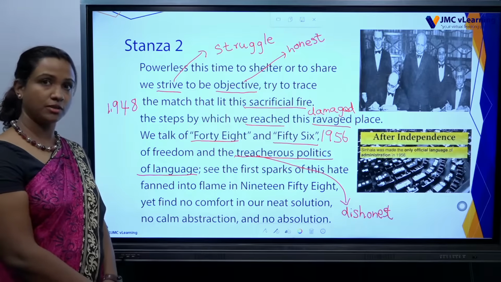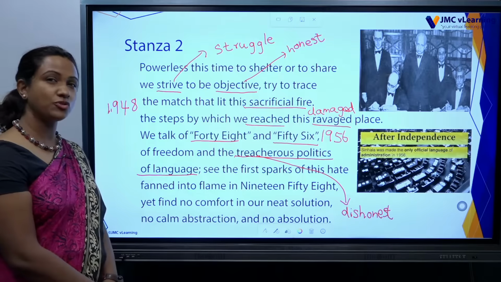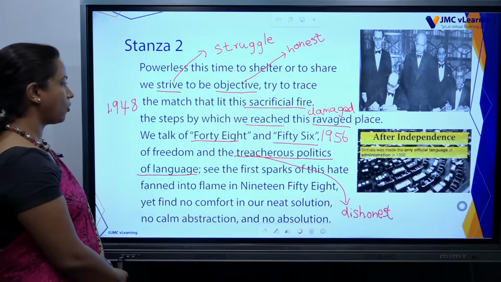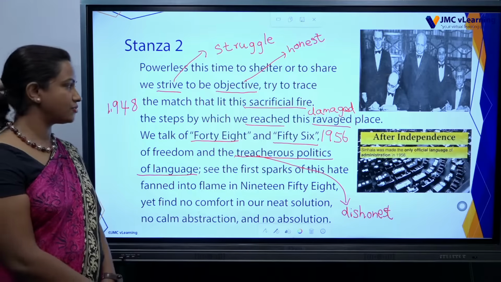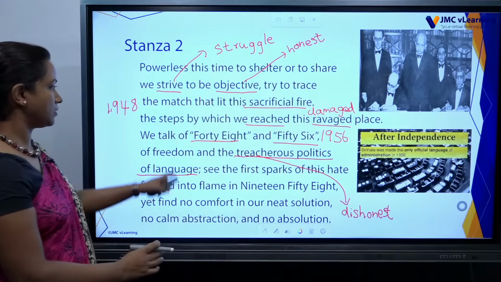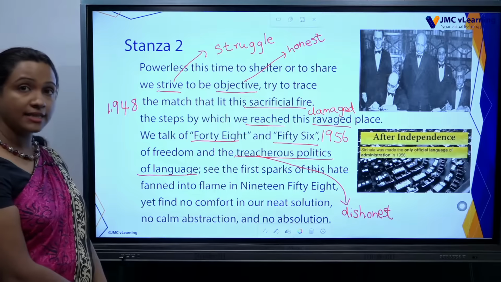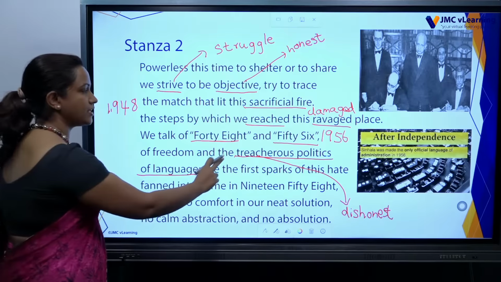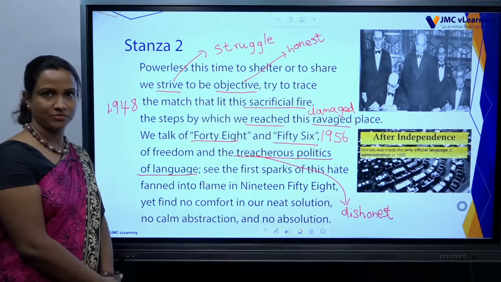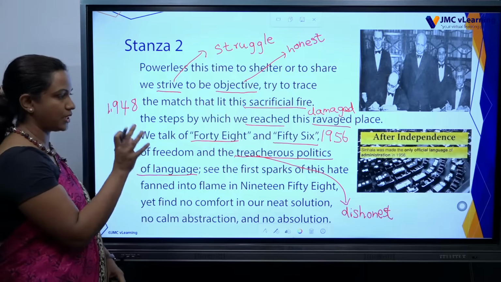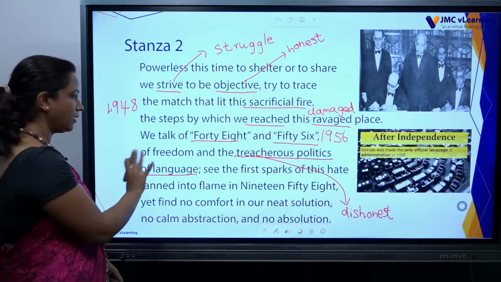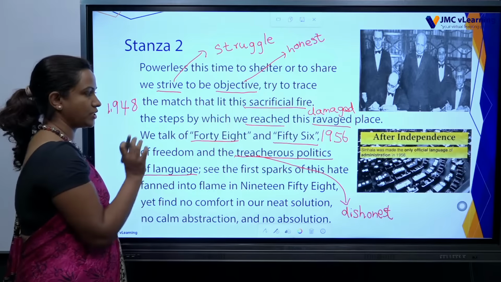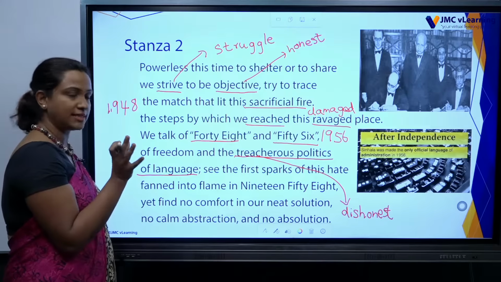The politicians. The dishonest politicians made the language the official one, and they also got the country independence in 1948, right? So it also says the treacherous politics of language. It's because of an effect from the politics, right? The language became official because of a political reason.